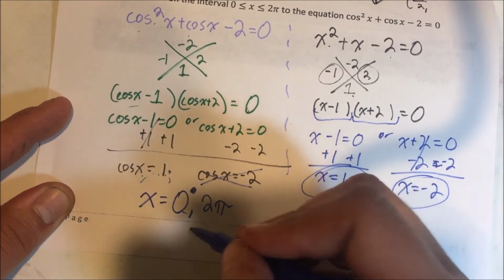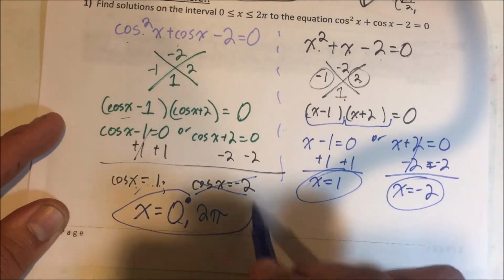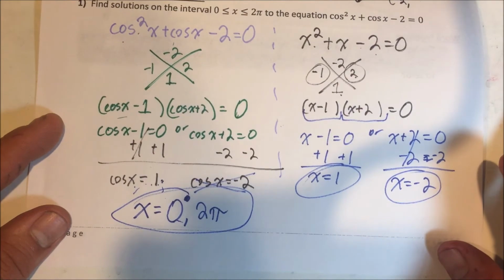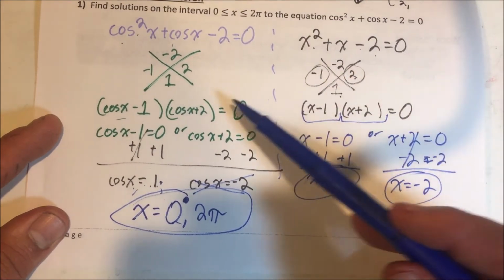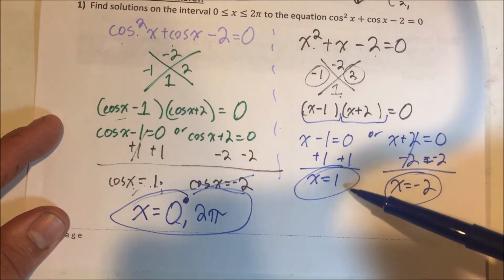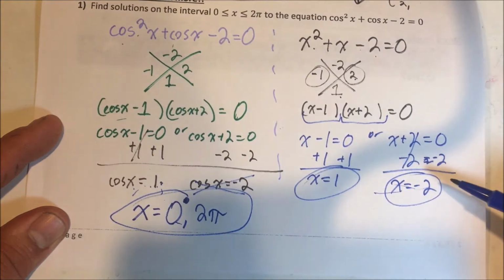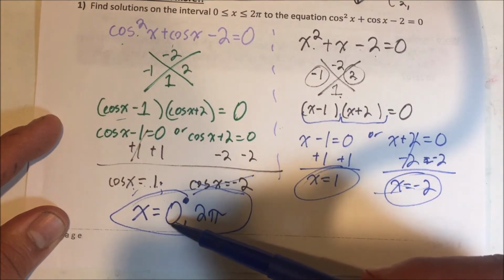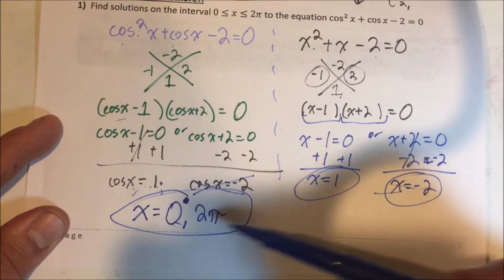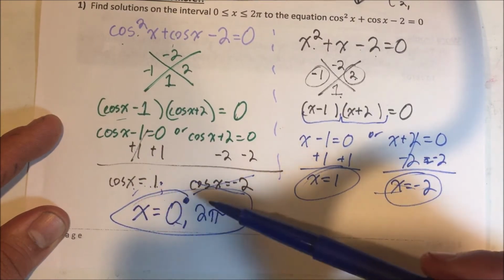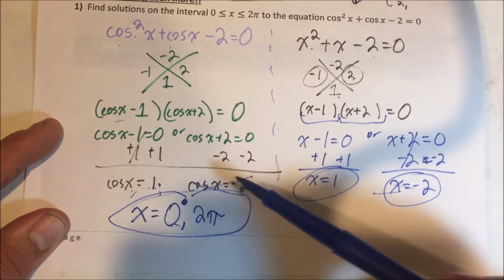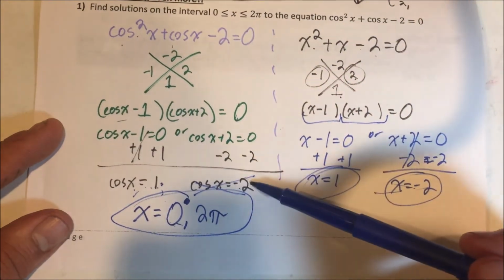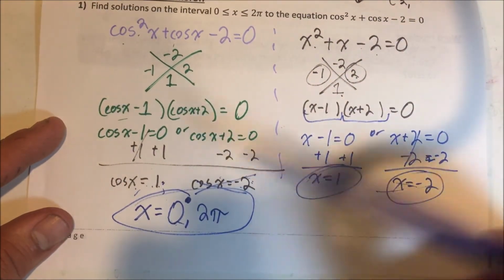So our answers are 0 and 2 pi. And that's it. So again, most of the problem is very similar to what we've already done in algebra 1 or 2. The only difference is that we have to take this extra step of thinking about what angles would give us these trigonometric values, and also making sure that those trigonometric values could even make any sense at all.